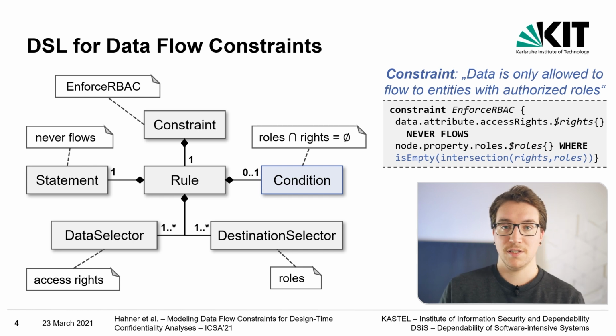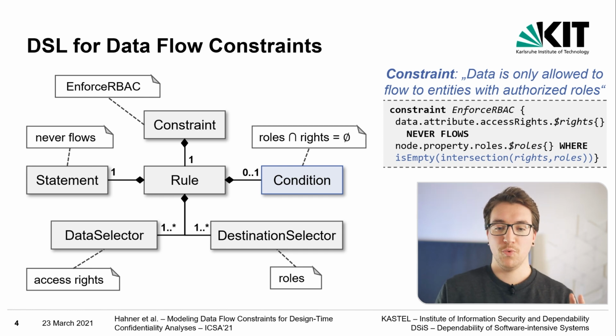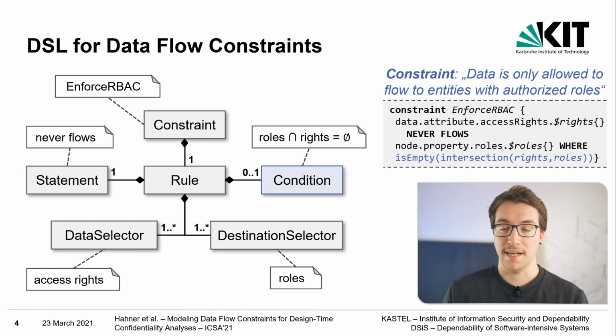This condition describes the dependency between different characteristics, for example, based on the data selectors and destination selectors. In our example, based on role-based access control, we define that the intersection of rights and roles is not allowed to be empty. Otherwise, this condition would be evaluated to true and a confidentiality violation would occur.